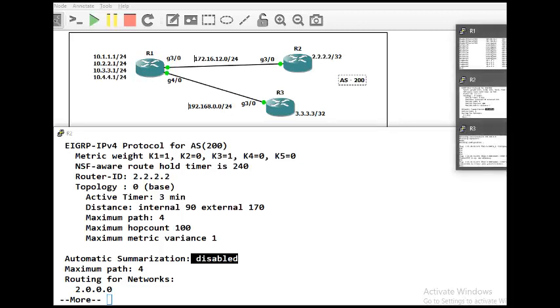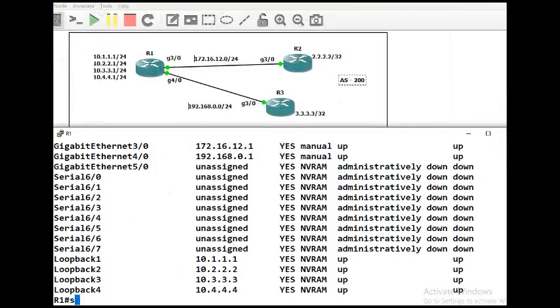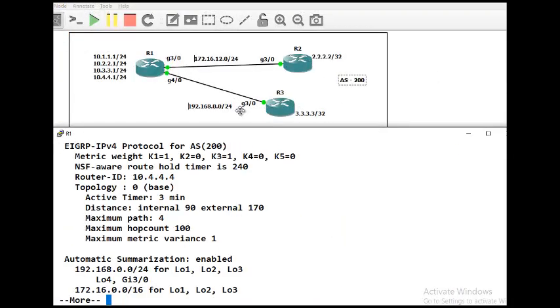Only on router 1 I have enabled. Show IP protocol. I've enabled. So this is global level summarization, which is what we have seen so far.